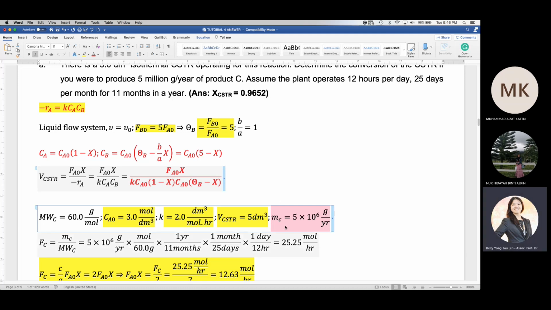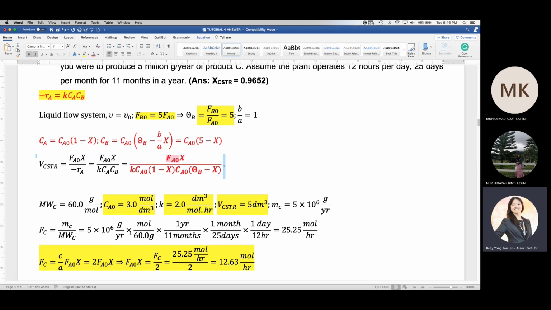But if I convert the mass flow rate of C to molar flow rate, it is still not FA0. It is FC. If I convert mC, the mass flow rate of C, using molecular weight, I will get the molar flow rate of C, FC. But my equation needs FA0. Okay, so this part you have to remember. So this is the complexity. You have learned in chapter 3, the stoichiometric table.